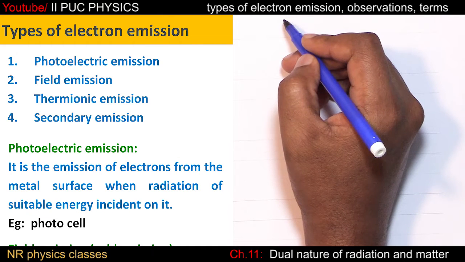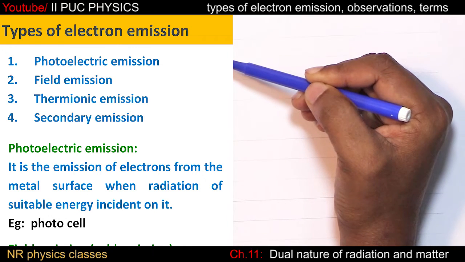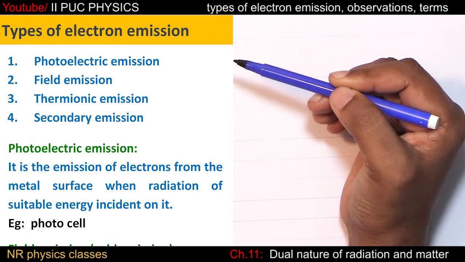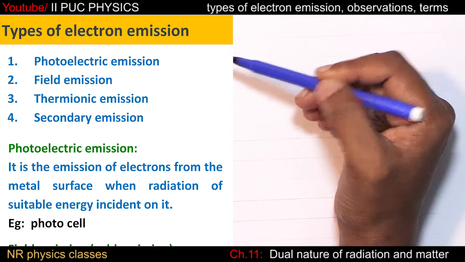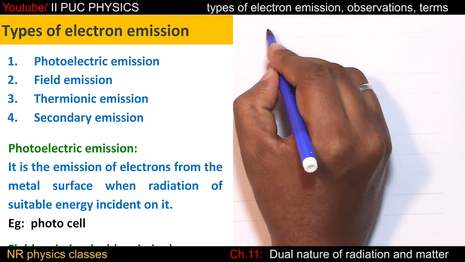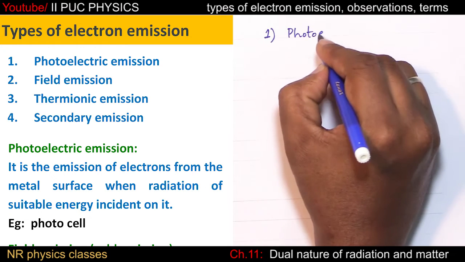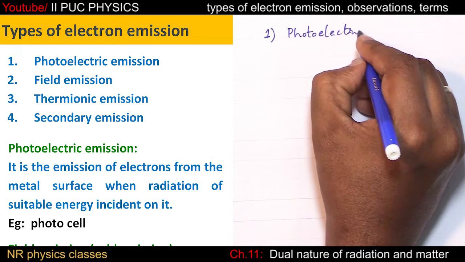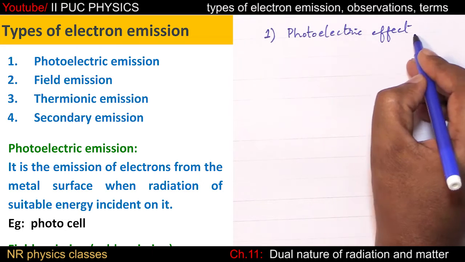Types of electron emission: photoelectron emission, also called photoelectric emission, field emission, thermionic emission, and secondary emission. First one, photoelectric effect.